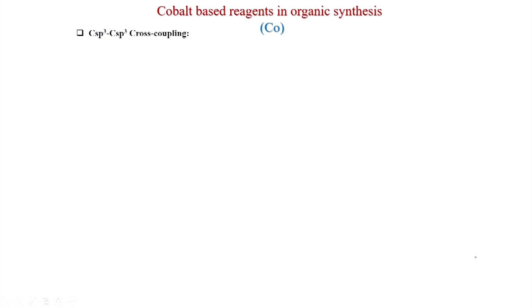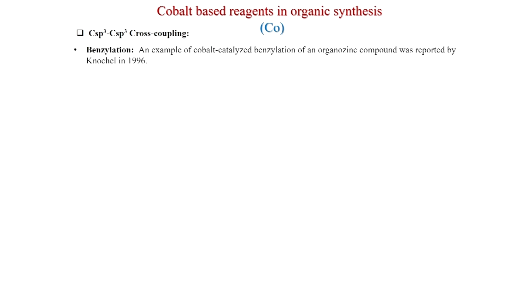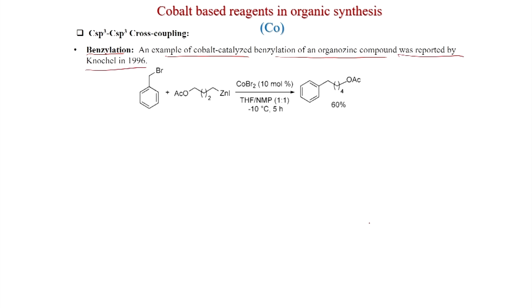Now we will discuss Csp3 cross-coupling. So, benzylation we will discuss now. An example of cobalt-catalyzed benzylation of an organozinc compound was first reported by Knochel in 1996. So this is the reaction: benzyl bromide and this functionalized zinc iodide, CoBr2 10 mole percent, THF, NMP.